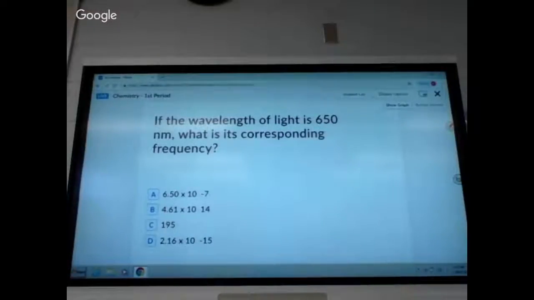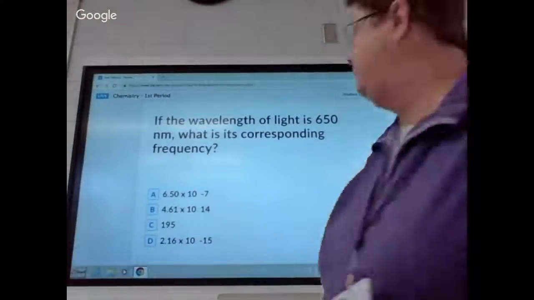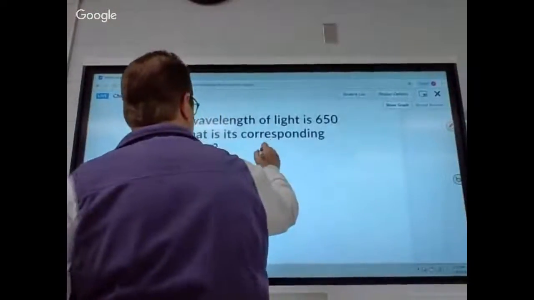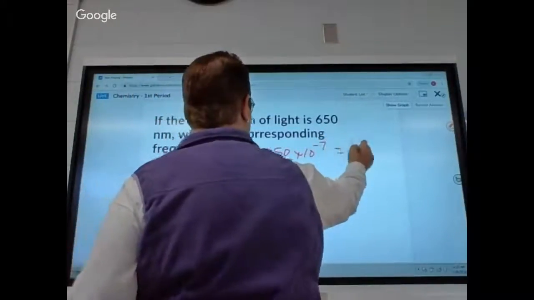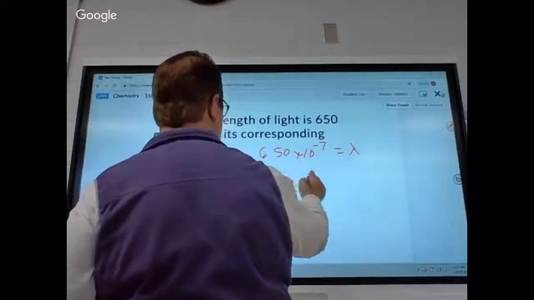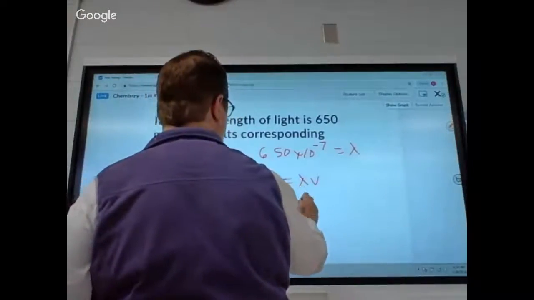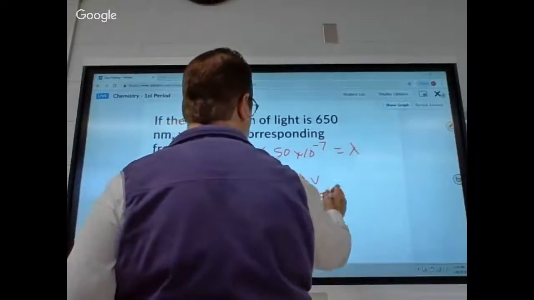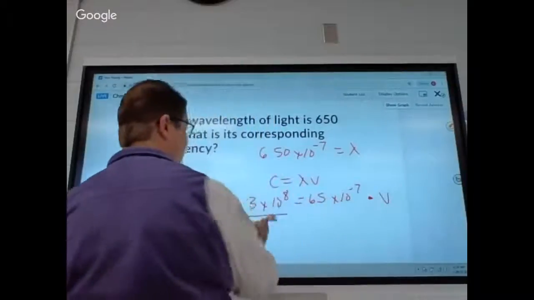Alright, now, those of y'all who picked A only found the wavelength. Okay? When you did 6.50 times 10 to the negative 7th, that's your wavelength. You've then got to use c equals lambda nu. 3 times 10 to the 8th equals 6.50 times 10 to the negative 7th times frequency.